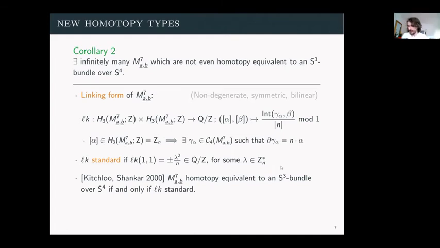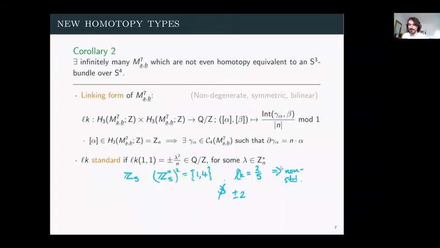I should have said, by the way, let me go back a slide. When I told you this was non-standard, the key thing going on in the background is that -1 is a square mod 5. So it's a question about quadratic reciprocities, really.